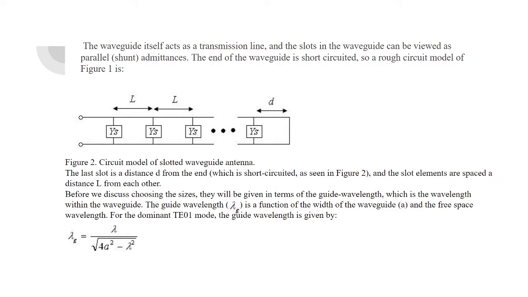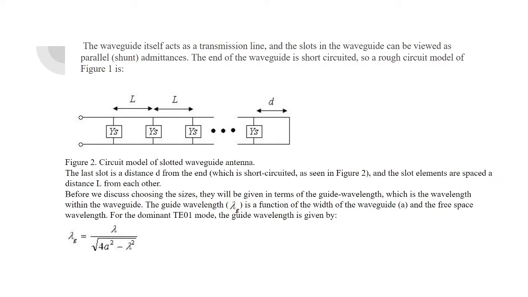Before we discuss choosing the sizes, they will be given in terms of the waveguide wavelength, which is the wavelength within the waveguide. The waveguide wavelength, lambda sub g, is a function of the width of the waveguide, a, and the free space wavelength.